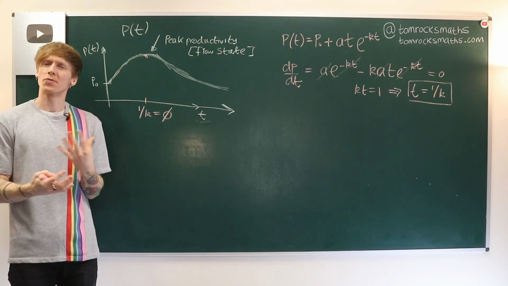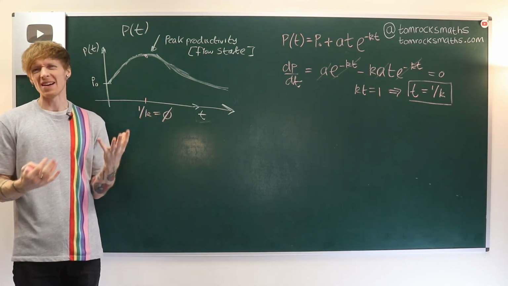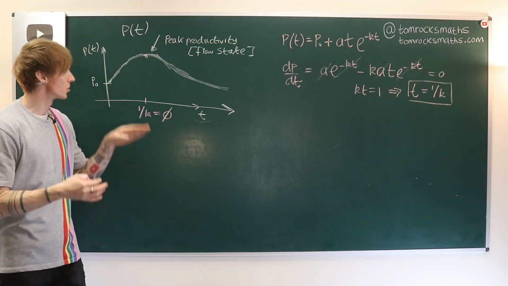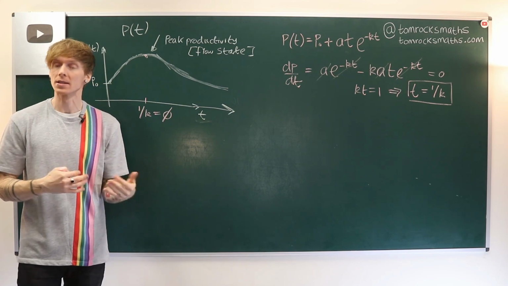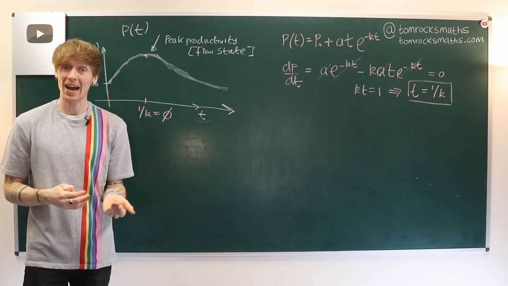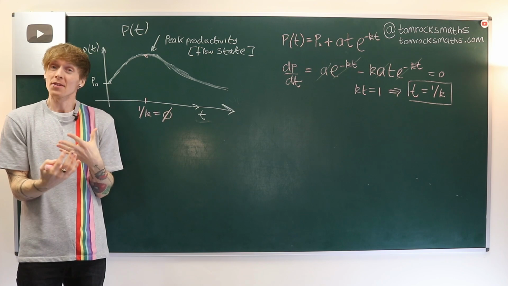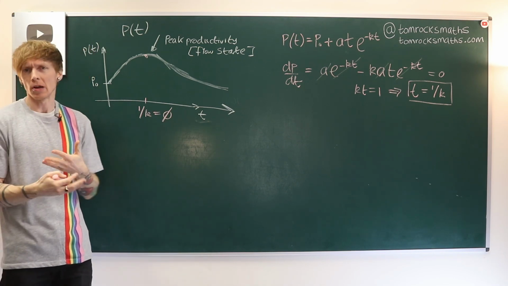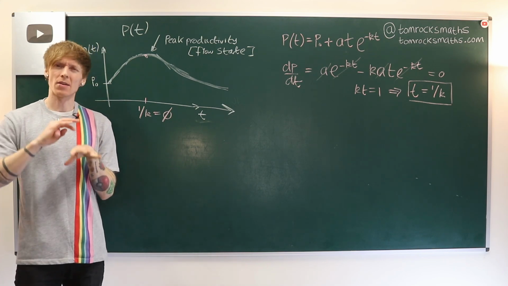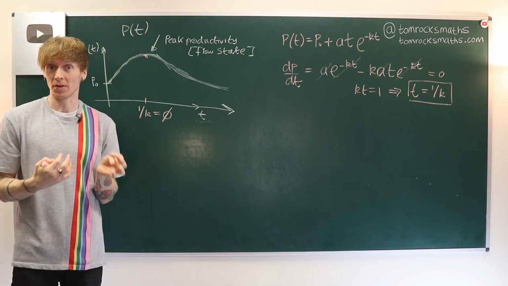So the next question for our model is, what variables do we expect to determine the time taken to reach a flow state for a specific task? Again, if you think about your own experience, then it's going to depend on a whole host of factors. But there are two main factors that we're going to focus on.